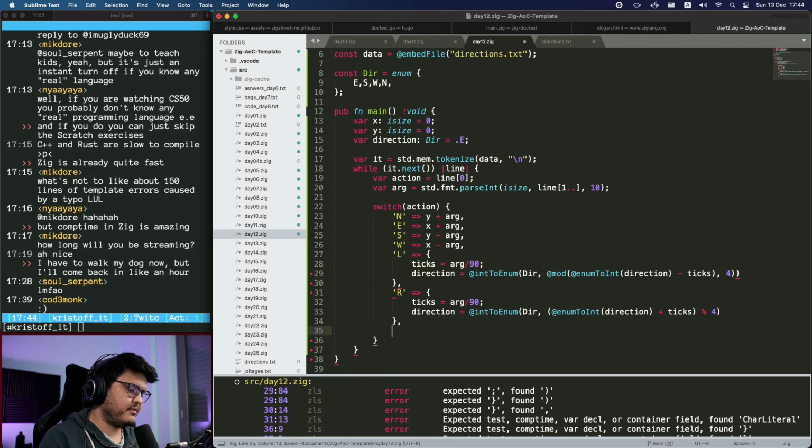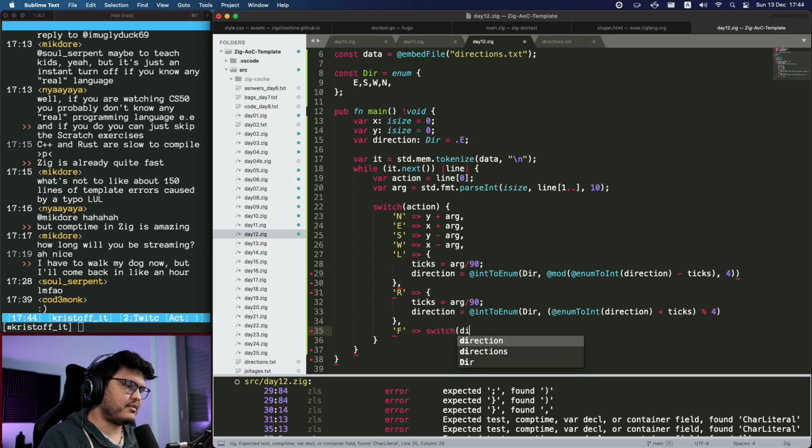And finally, we have forwards. For forwards, we kind of want to do this. We want to say switch. This is ugly. This could clearly have been transformed a little bit, but whatever.